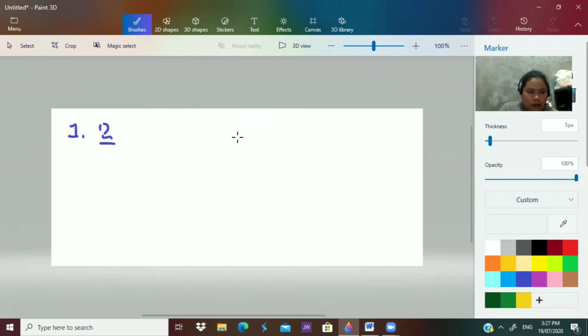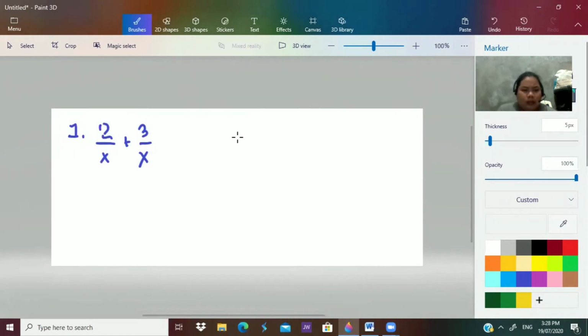Number 1, you have 2 over x plus 3 over x. Okay, so this kind of rational algebraic expressions are similar. Bakit natin nasabi na similar? Because they have the same denominator. Parehas ang kanilang denominator.